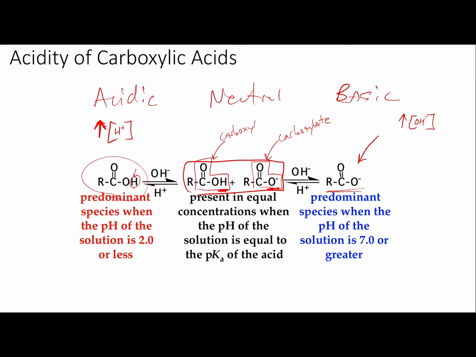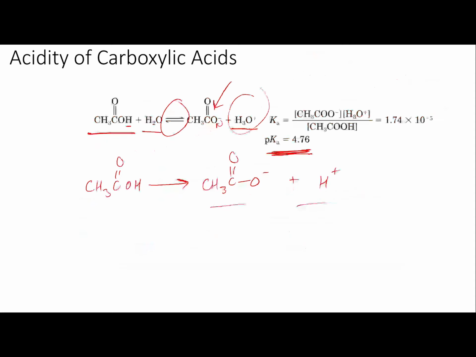And when you're naming, I forgot to mention, when you're naming these, we can actually name them as their carboxylates. So if we come back here, and this is, let's call it what it is, ethanoic acid. This would be ethanoate, technically ion, because it's an ion.